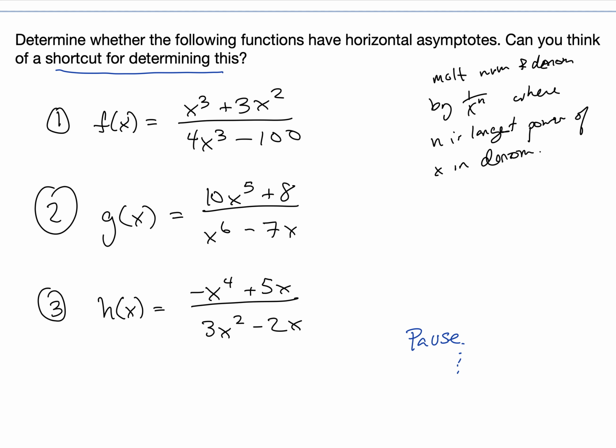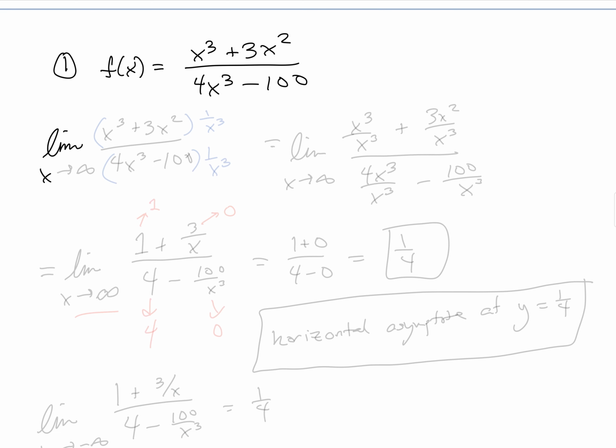Okay, for this first example, we're looking for horizontal asymptotes. So we're looking at the limit as x goes towards positive infinity of this function, x to the third plus 3x squared over 4x cubed minus 100. And so we are going to do that same trick of multiplying the top and the bottom by 1 over x cubed, because the third power is the highest power in the denominator.